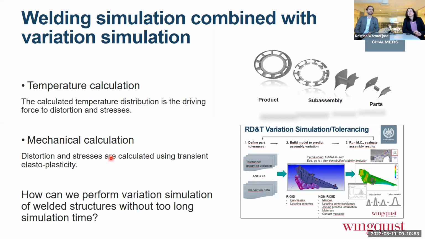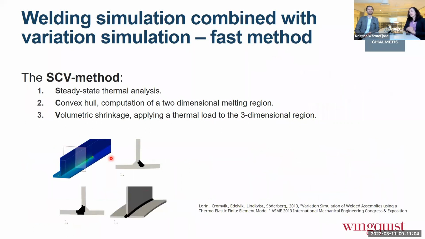So we have a faster method, and this is based on some early work by Samuel. Here it is. So then we have this fast method instead. It's called the SCV method. And that stands for, first of all, we do a steady state thermal analysis.